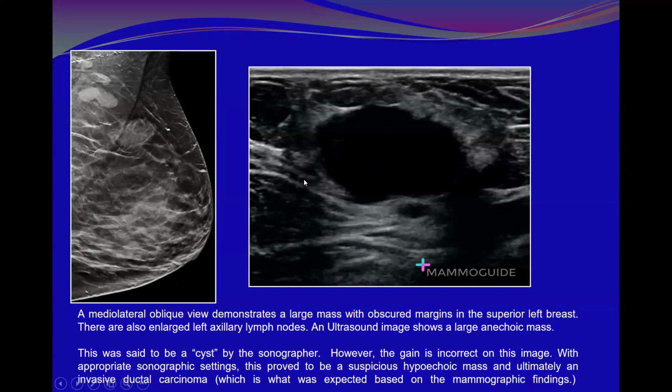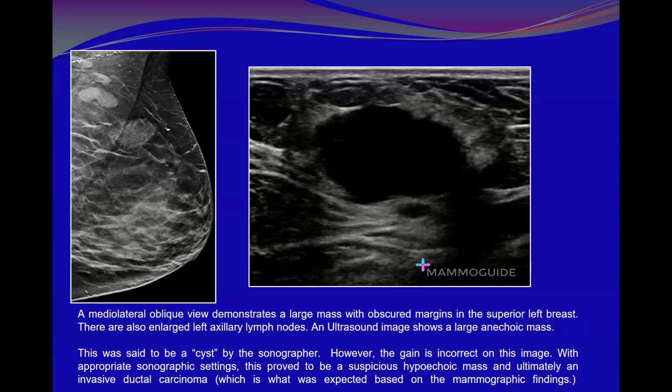Why? If you look at this, you can say this is a cyst, but when you correlate it with ultrasound here, we have to make sure by putting on Doppler that it is vascular. It appeared as an anechoic mass due to a technical fault of the ultrasound.